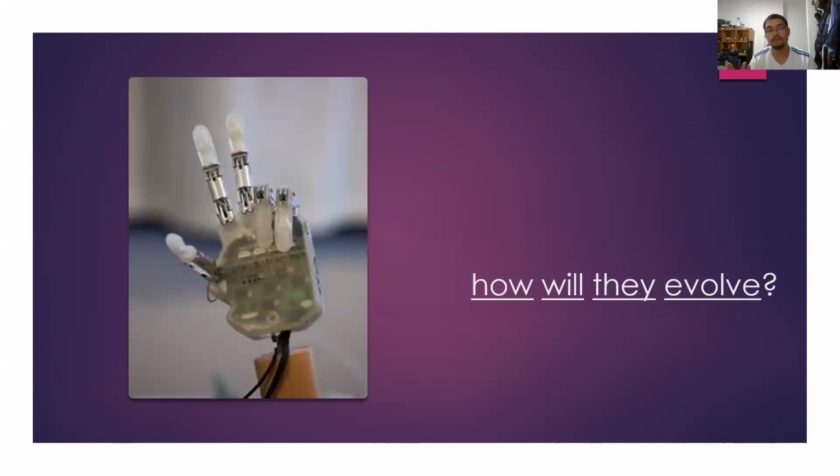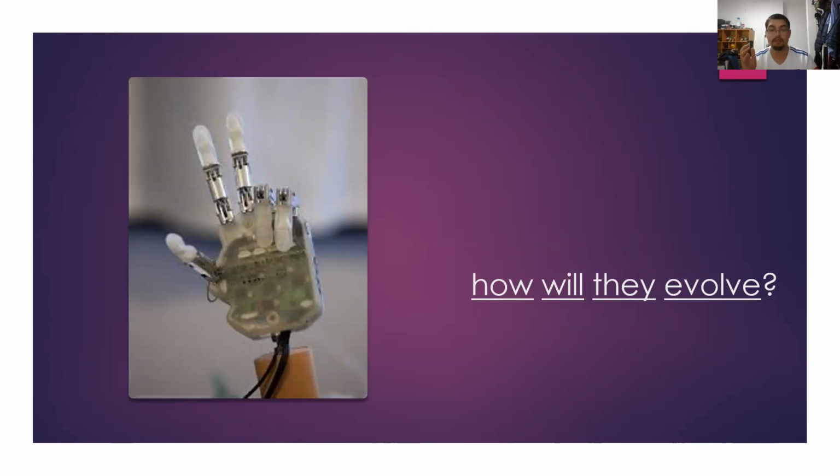How will they evolve? Like any technology, evolution is necessary. Actually, we have a lot of bionic prosthetics. For example, this hand, this polymer, has the capacity to recreate the skin with latex. This in particular gives the person the opportunity to touch and feel this material like his own skin.